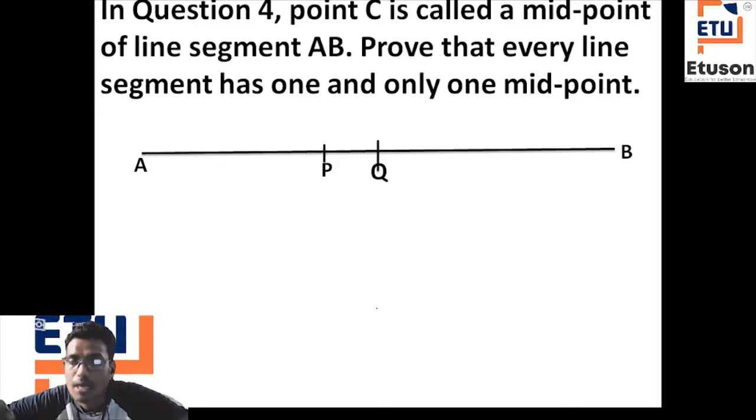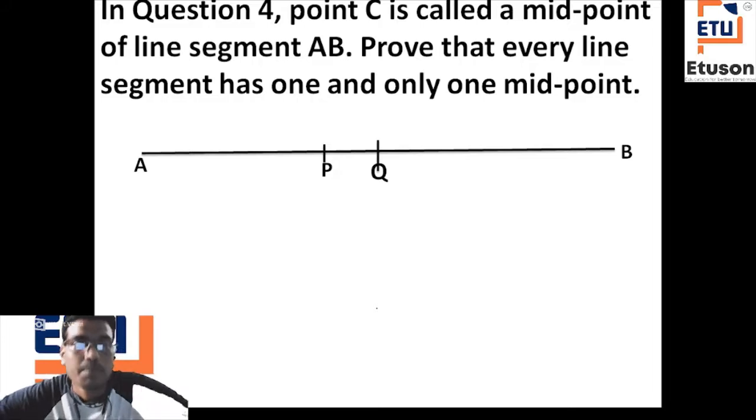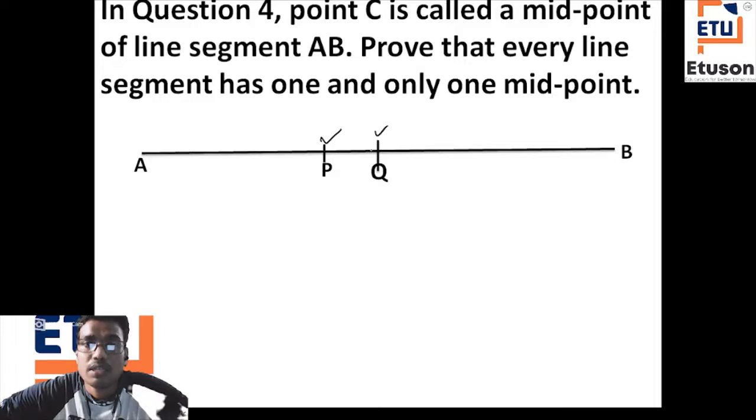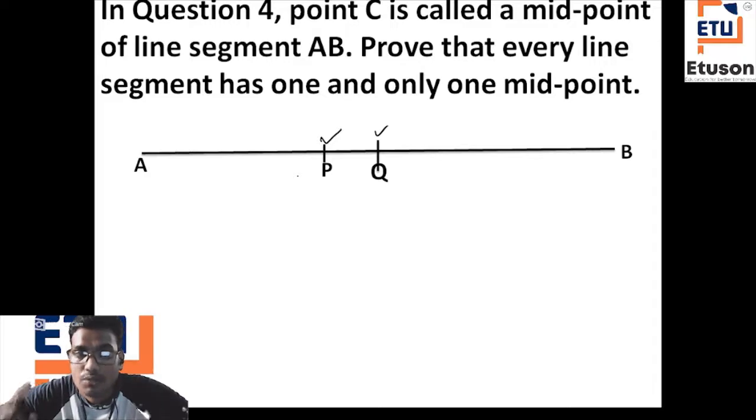We will consider that a line segment AB has two different midpoints, one is P and another one is Q. That means I have assumed that AB is a line segment in which P and Q are two different midpoints. I just assumed that one.